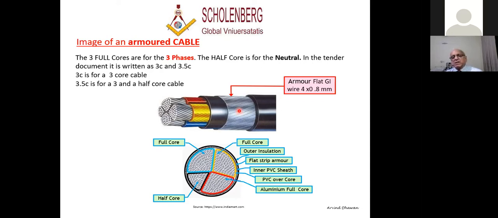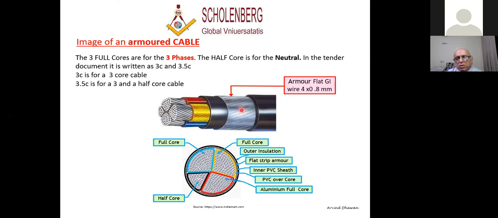What is this armor? All cables, irrespective of size, will have this 4 into 0.8 mm GI flat armor. Why is this armor required? Because if you're laying the cable underground, and there's traffic over it or a gardener is digging, this armor is to prevent the cable from getting mechanical damage.